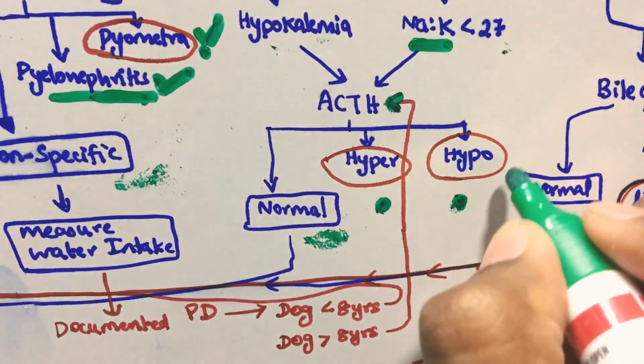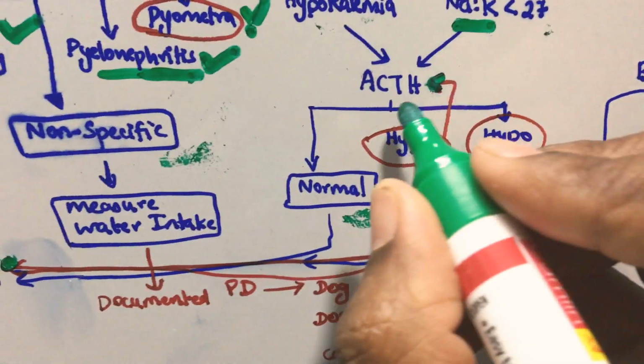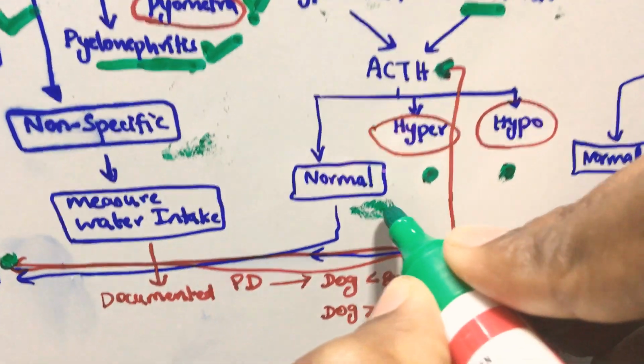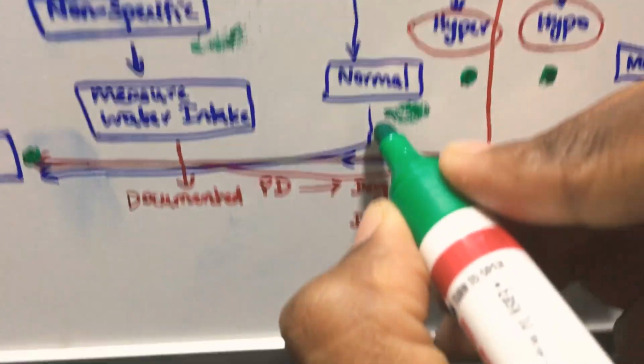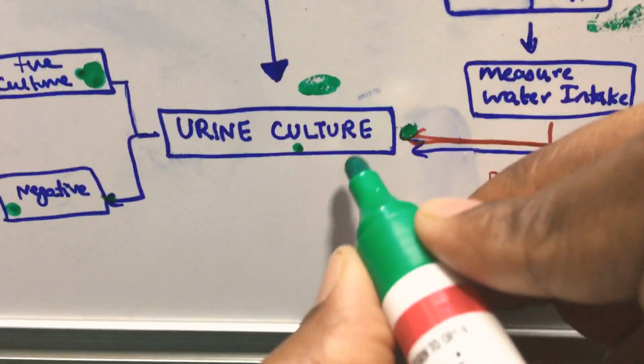If one of them gets confirmed, then you will have a diagnosis. If everything comes normal, if ACTH stimulation test is also normal, then you need to proceed with urine culture.